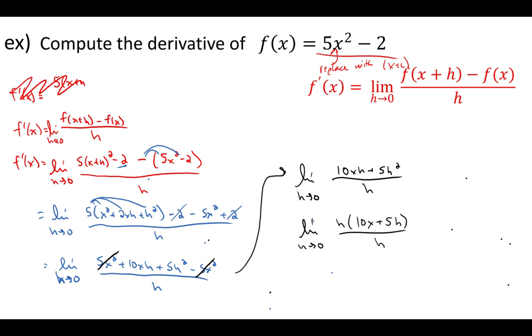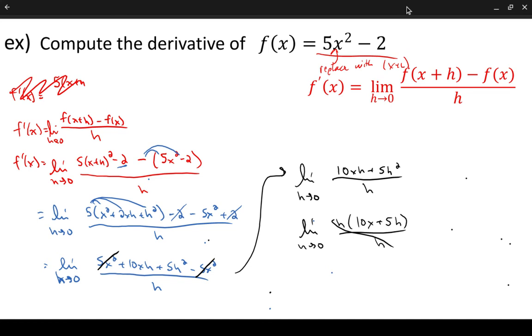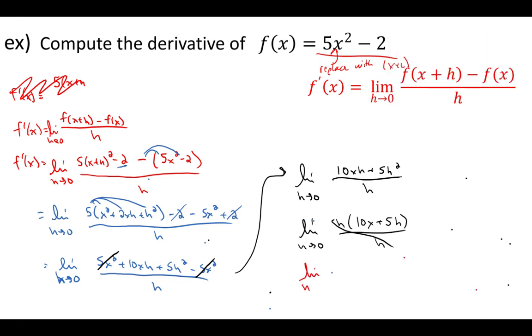And again, when you pull out the greatest common factor there, you don't actually need to pull out the GCF. You can just pull out an h. I think it's actually more confusing if you pull out a 5 as well, because then you've got the 5 left over there. I think it's easier if you just pull out an h. So then they cancel. We are then left with just the limit as h goes to 0 of 10x plus 5h.